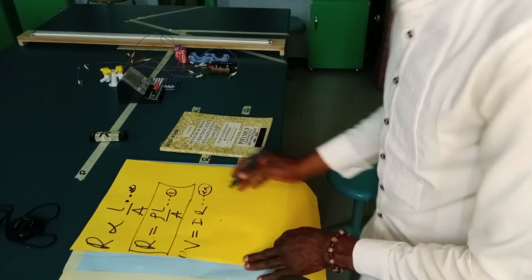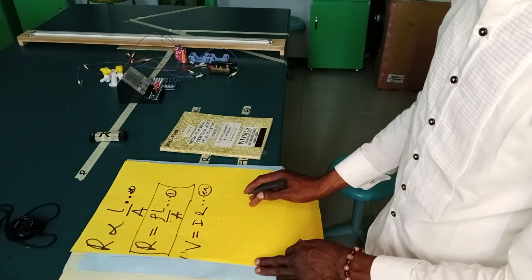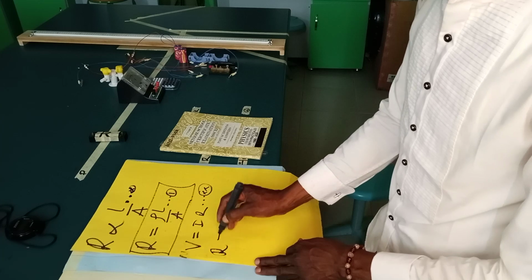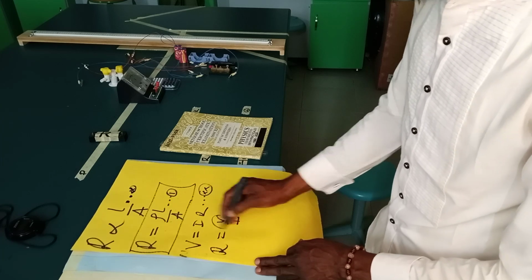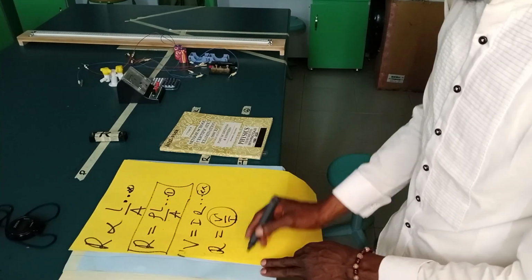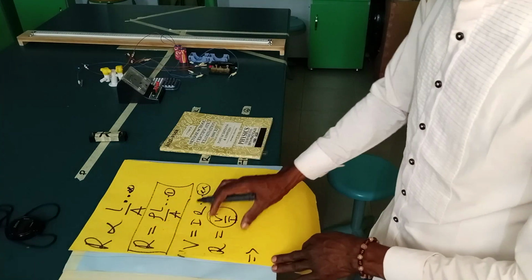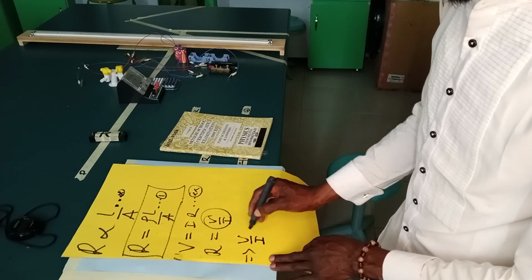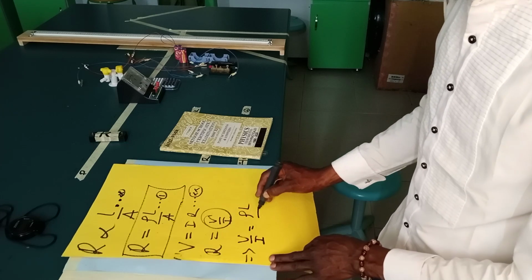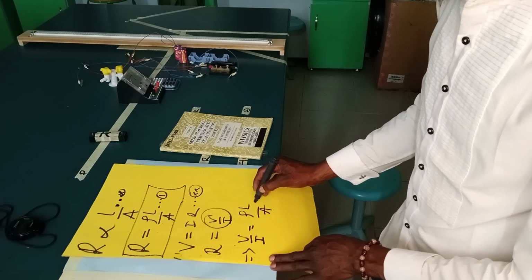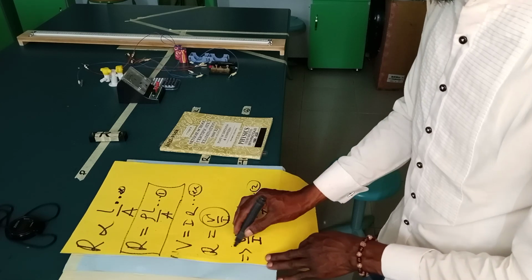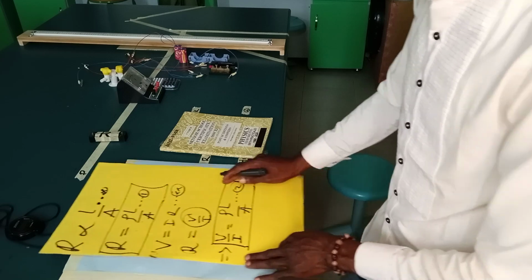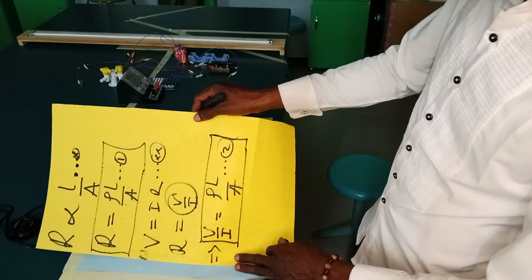If we make R the subject of the formula here, we say that R is equal to V all over I. Substituting the value of R in equation 1, we have V all over I is equal to rho L all over A. We call this equation number 2. It will interest you to know that equation number 2 is the equation controlling the whole of this experiment.